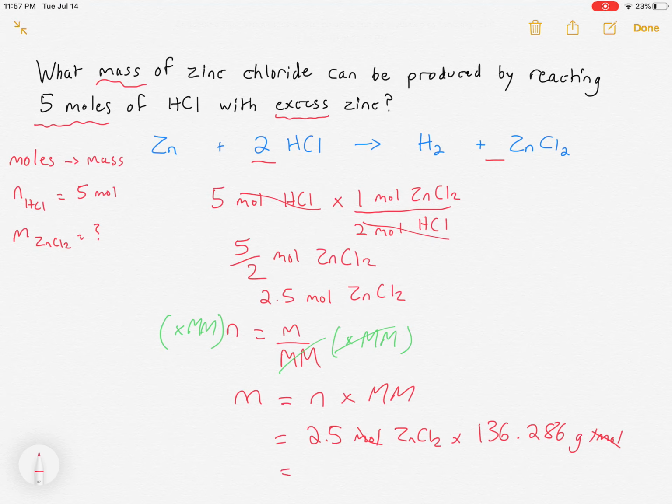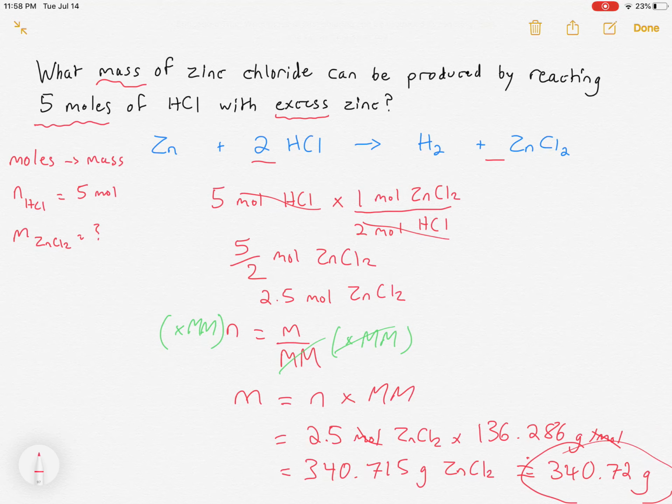So 2.5 moles times 136.286 grams will give you 340.715 grams of zinc chloride. And I like us to round to 2 decimal places. I don't like to round until the very end. And this gives us a final answer of 340.72 grams.